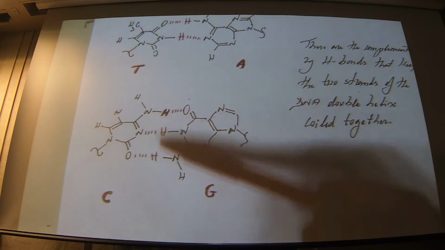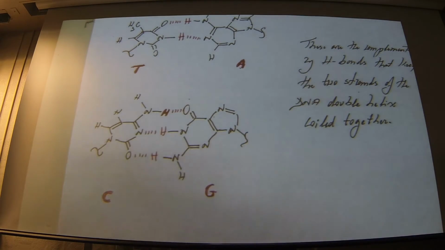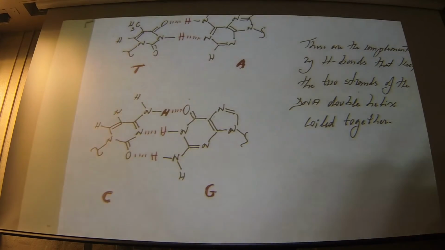And so these hydrogen bonds are one of the reasons why the two strands stay together. The other reason had to do with pi stacking of the bases, and we mentioned that too. So that wraps up what I wanted to say for this chapter. And now that allows us to start the last discussion of the last chapter in the course.